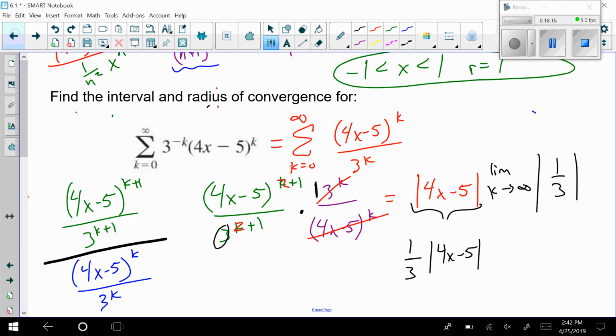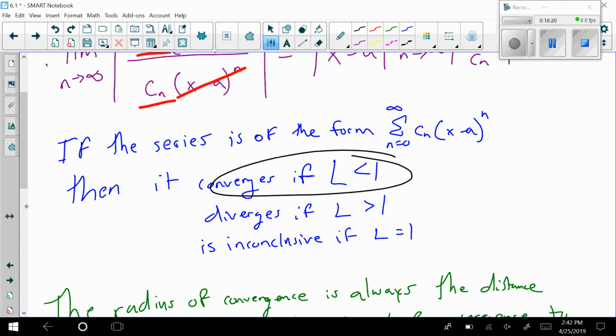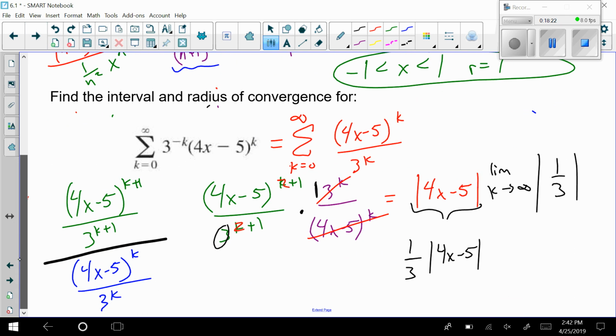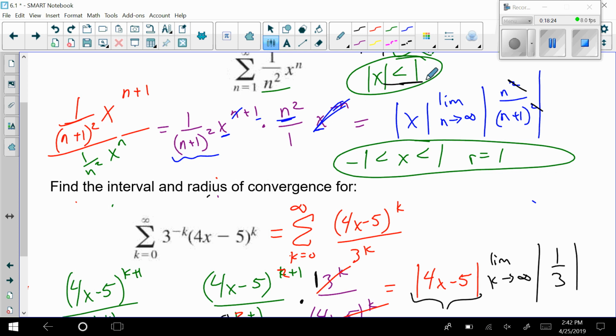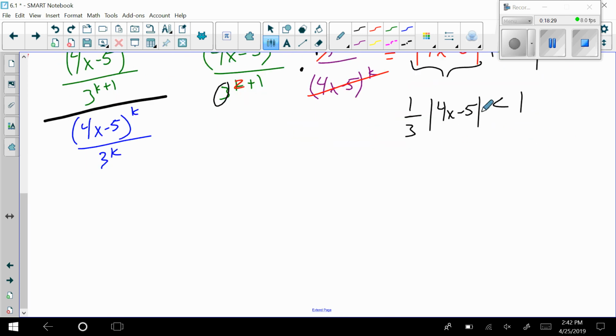Now, if I wanted it to converge, and it does say interval of convergence, it converges if it's less than 1. So like I did up above with this less than 1, I need this to be less than 1. Now just solve this. Multiply by 3, I'd get the absolute value of 4x minus 5 is less than 3, or 4x minus 5 is greater than -3 to get rid of the absolute value.